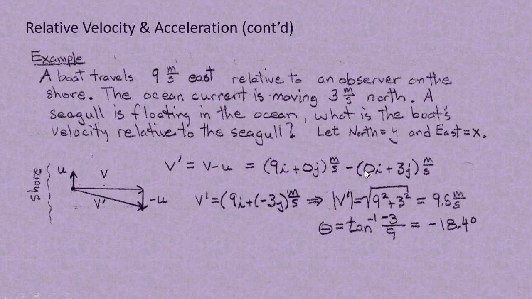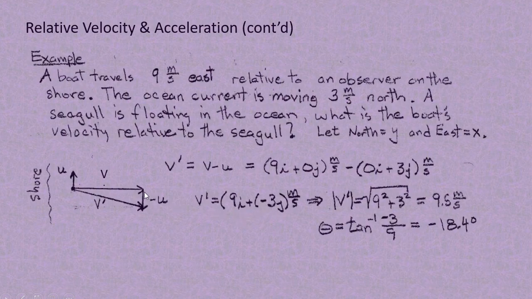It has no east-west movement because the current is due north. But relative to the observer on the shore, the seagull is moving 3 meters per second north. And of course, we're subtracting that vector from the boat's vector. So when we go ahead and do that, we wind up with the vector v prime, the velocity from the seagull's point of view, is 9i plus negative 3j.